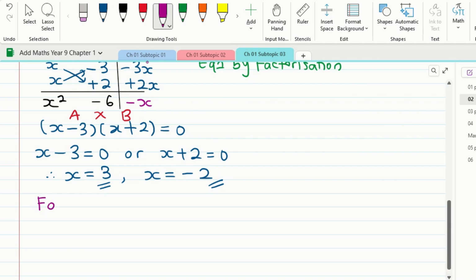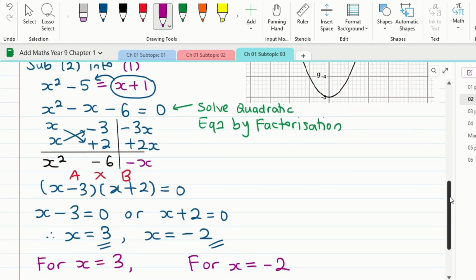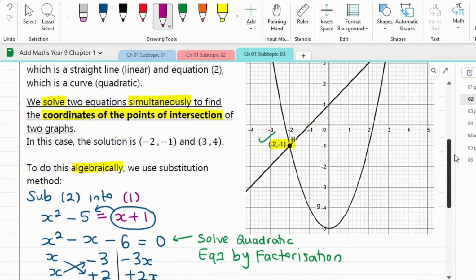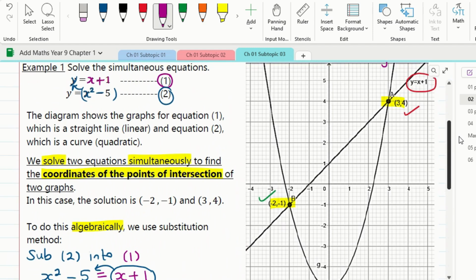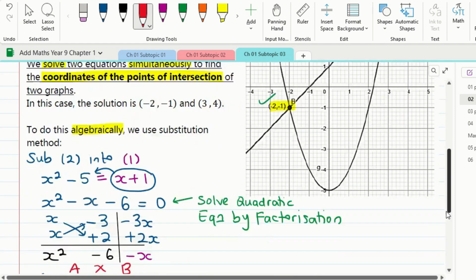So here, you will find the values of y for each x. What I'm doing here is writing down two solutions at the same time. For each value, you might use one of the equations above. So for example, here, I'm going to use equation number 1. It's easier: y equals x plus 1.